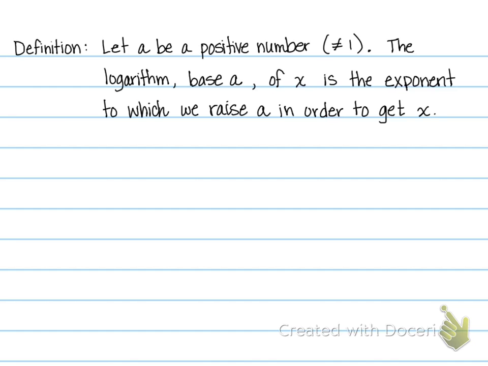So a logarithm is an exponent, which means that all our exponent rules tell us how to manipulate logarithms. If you can understand the definition, everything we do with logarithms follows from it, and then you don't have to try to remember all these little tiny rules about logarithms, because they all just come from the definition. So let's write it symbolically.